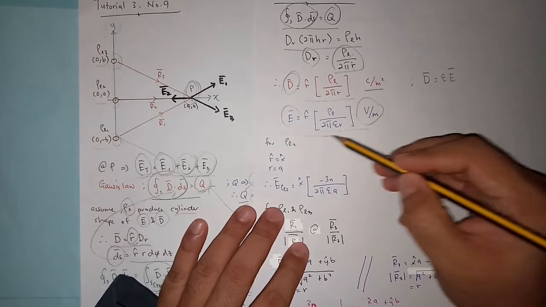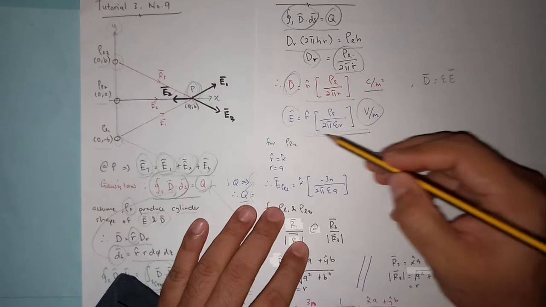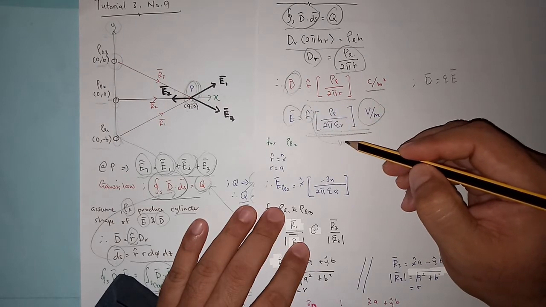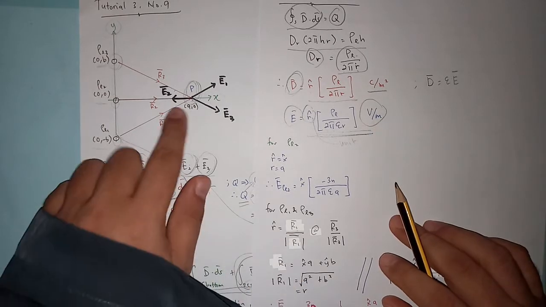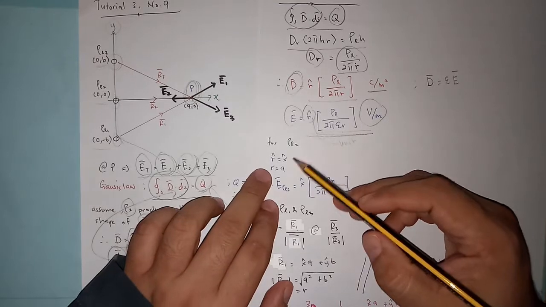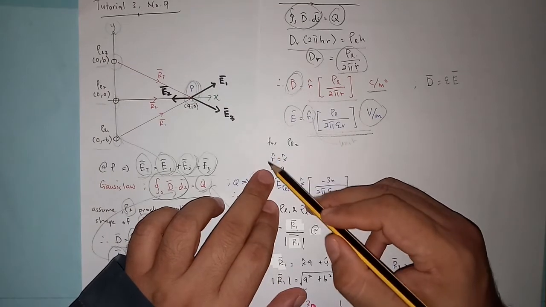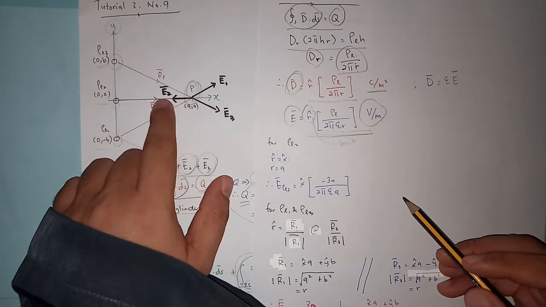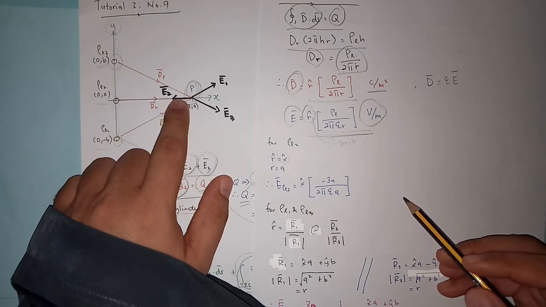From the expression for the electric field intensity, this is our unit vector. By looking at the direction of the vector, we can see that the unit vector of r is equal to x cap, because we only have direction in terms of the x component.